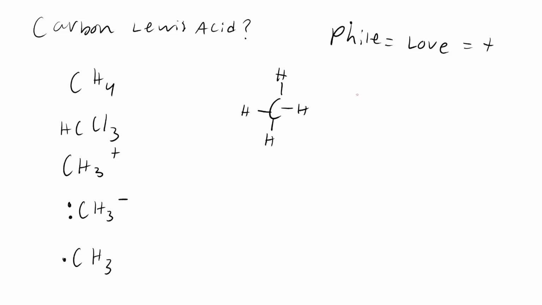Well, you don't have enough electrons when your octet is not filled. However, carbon has 2, 4, 6, 8 electrons. So it just went to like Wendy's and got a 4 for 4 deal. So it's full. It's not hungry. It just ate.